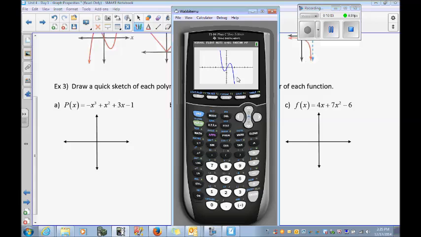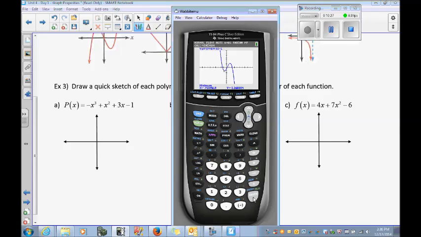Now, we want to find the local max and local min. We also want to find the zeros so that we can sketch. Let's start with our minimum point. Second trace, option 3, minimum. And the minimum point, right there, left bound. Move over here, right bound, guess.